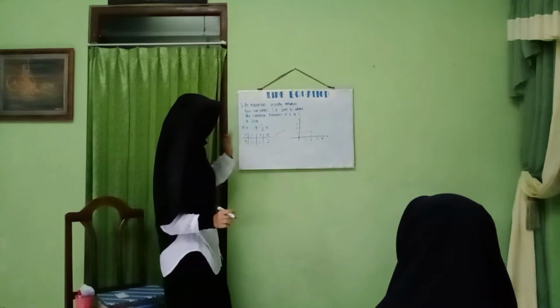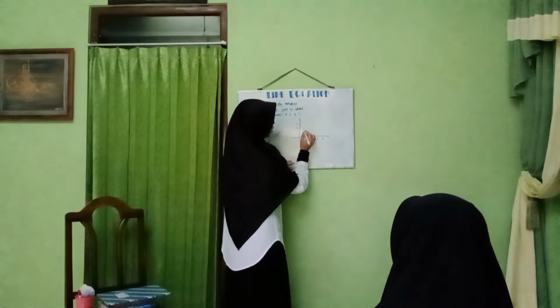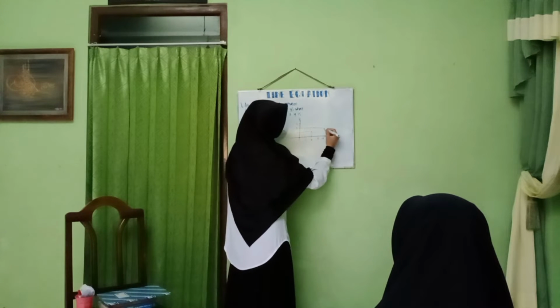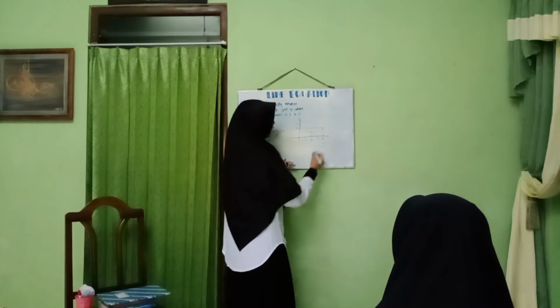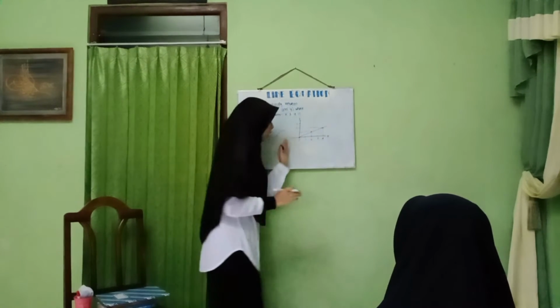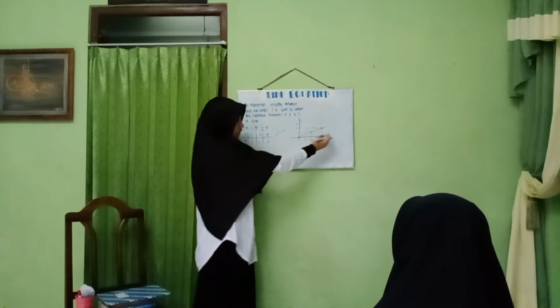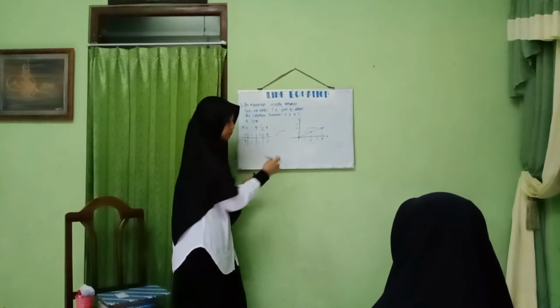And then 4, 2. This is 4 for x and this is 2 for y. It's here. So we can draw a line here.